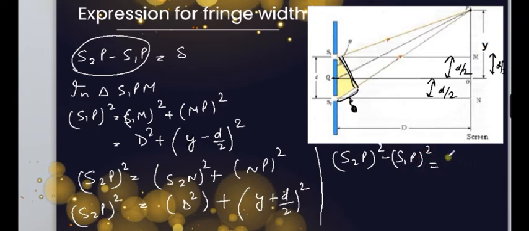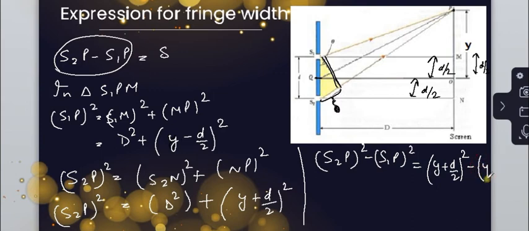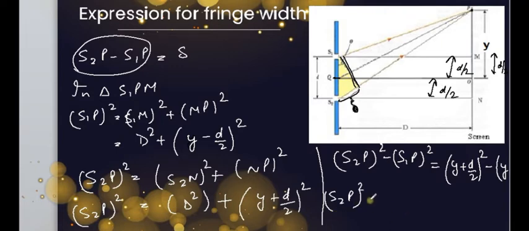Once you subtract, you will be left only with (y plus d by 2) whole square minus (y minus d by 2) whole square. Here we can write S2P square minus S1P square, and once you open these brackets with the formula of (a plus b) whole square and (a minus b) whole square, you will be left with only 2yd.